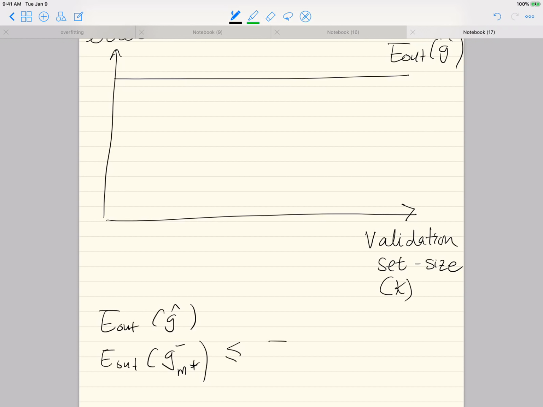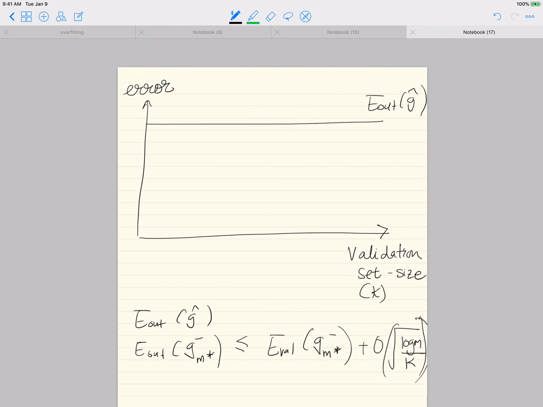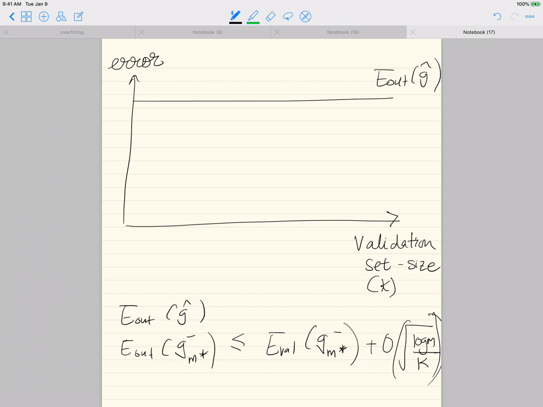We argued that it is less than E val of G M star minus, plus a term that decreases as log M by K. So now let's call this term 1 and let's call this term 2.